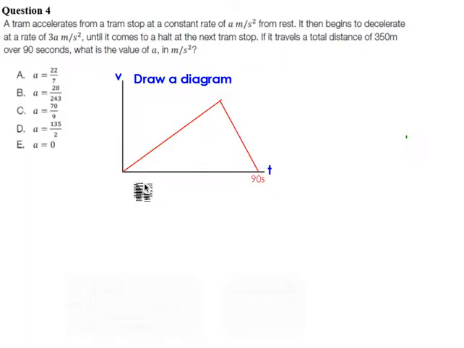It has a total time of journey of 90 seconds. And what we have here, the total distance, well, that's the area under the curve. So 350 meters is this area under the graph.